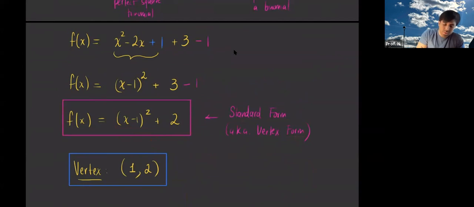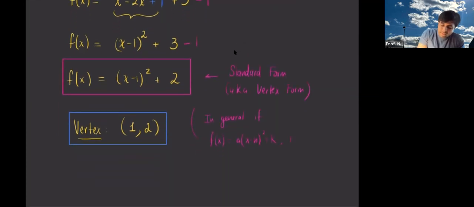So just in general, if the function is parentheses x minus h squared plus k, then the vertex has the coordinates h comma k.